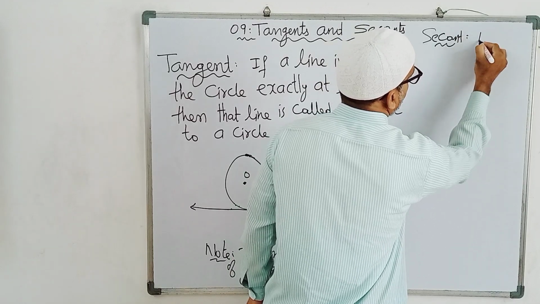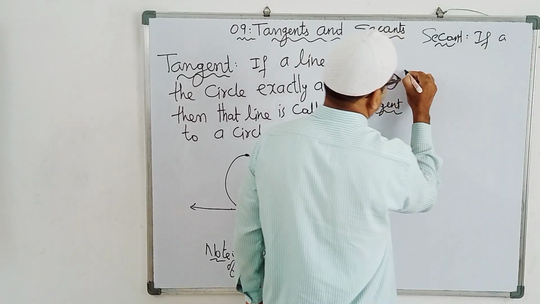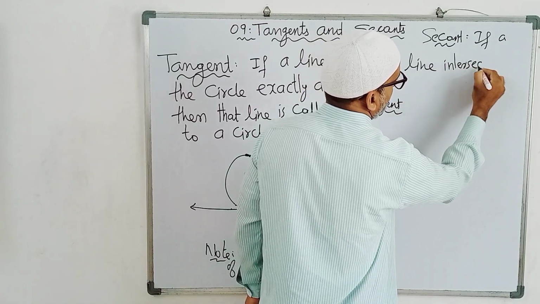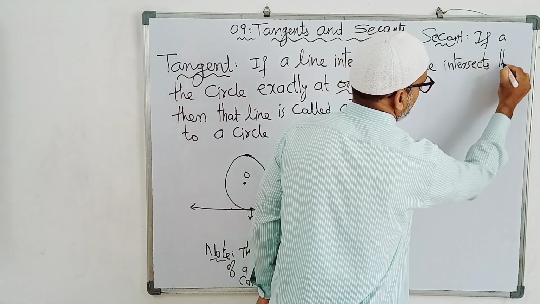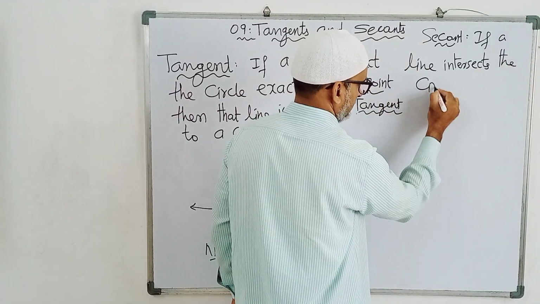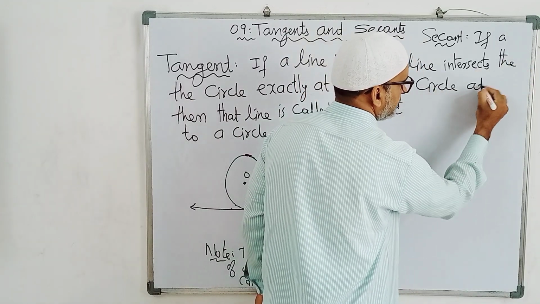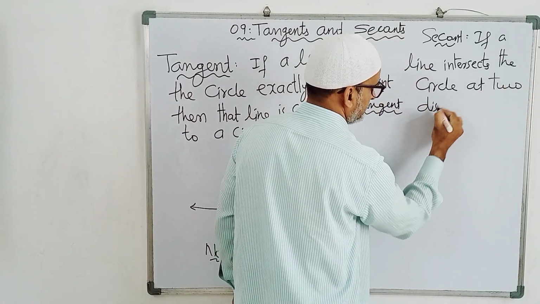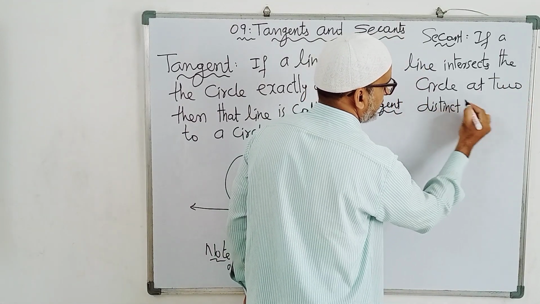Secant means if a line intersects the circle at two distinct points, different points.